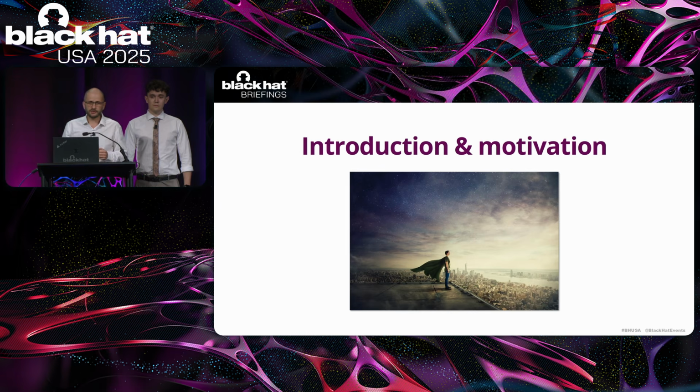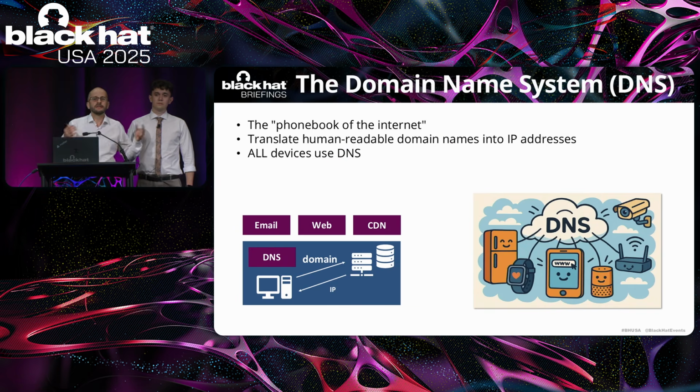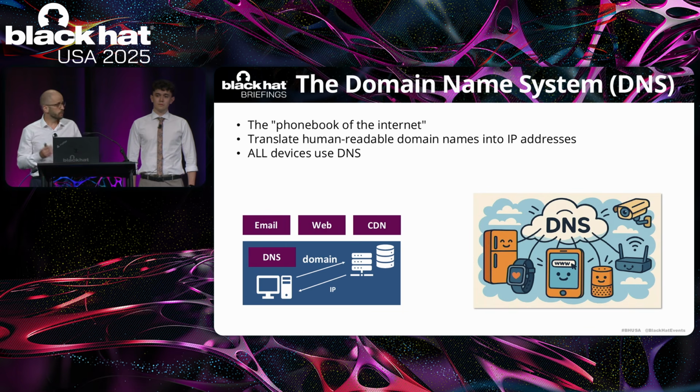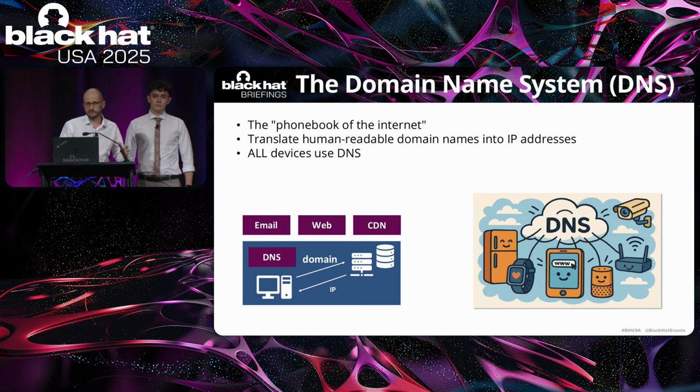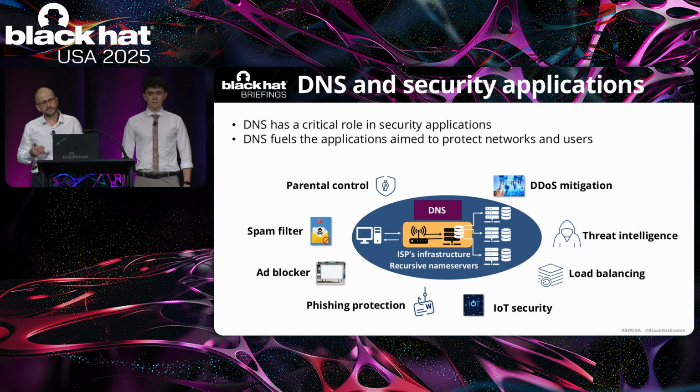Now let's see how it all got started. So I think that everybody knows about the domain name system. We use it to translate domain names to IP addresses. The most important thing is that all devices rely on DNS, so it's very important that this resource functions properly and it's not being misused. Now, while having an exceptional role in enabling our internet, DNS also plays critical functions in delivering security applications.